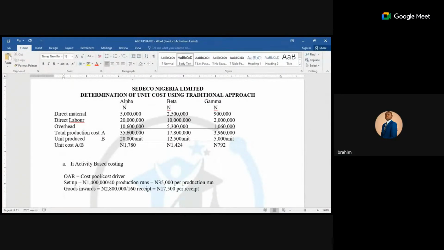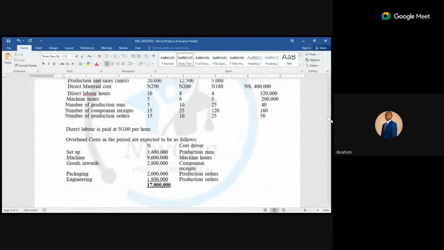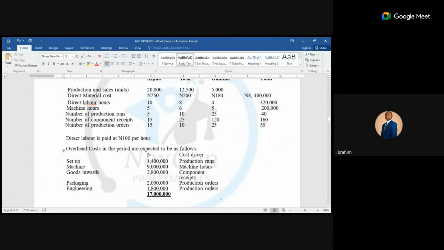So what other possible after packaging, right? Packaging, we'll quickly check. Packaging is based on what? Packaging is based on production order.